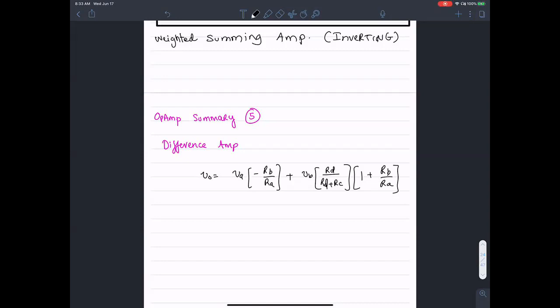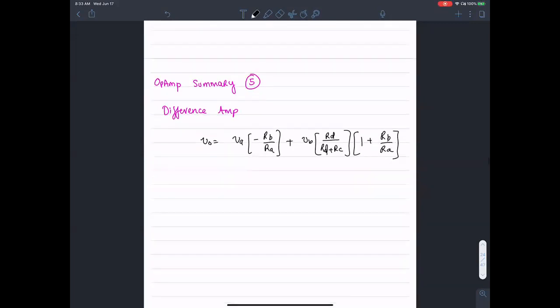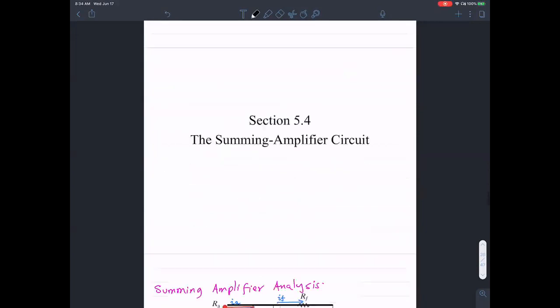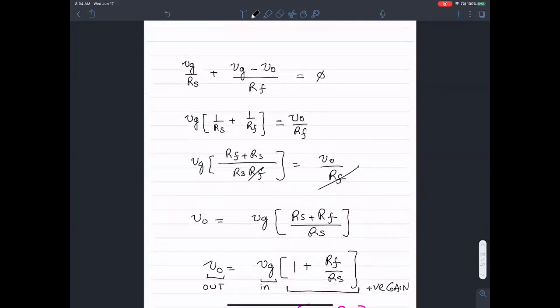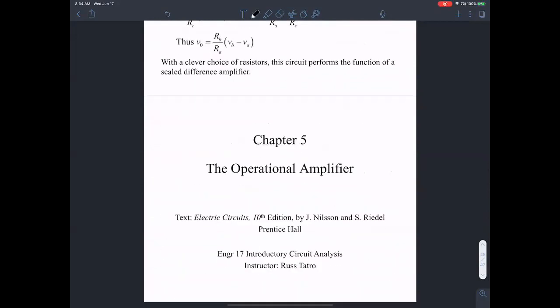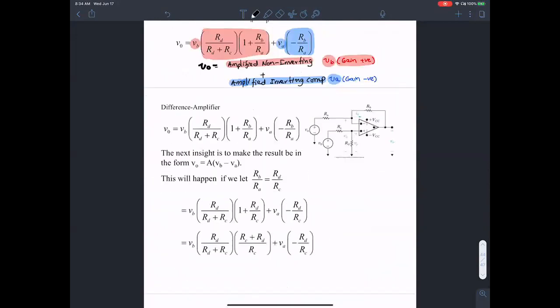So in the very last op amp that we looked at, when we found VP, you had just recognized that there was basically a voltage divider there, and then you used the voltage division formula to solve for VP.